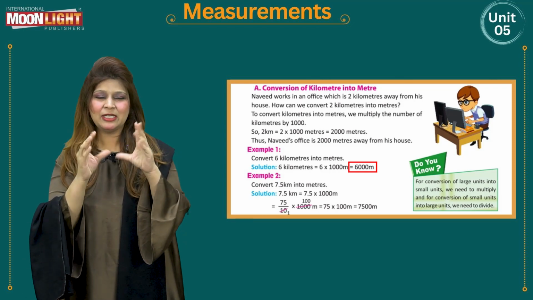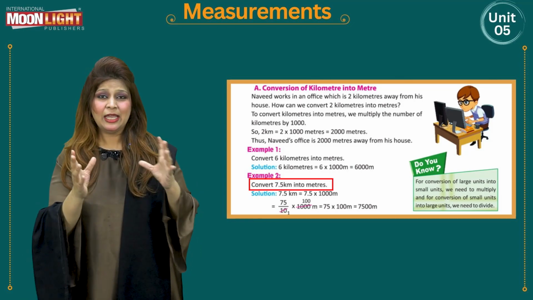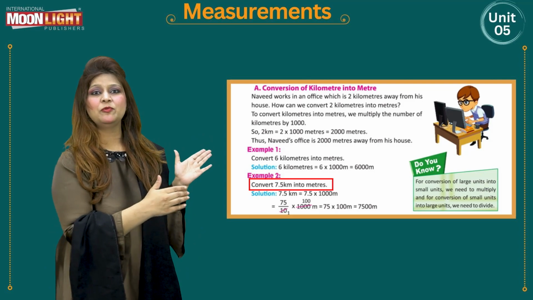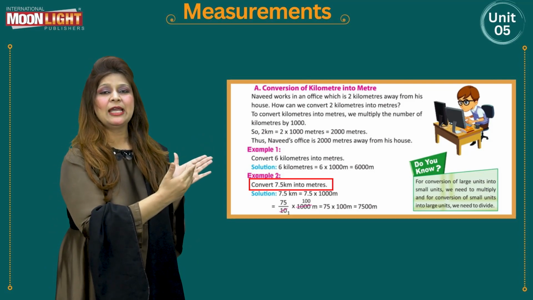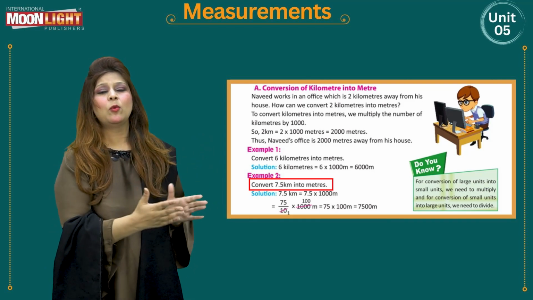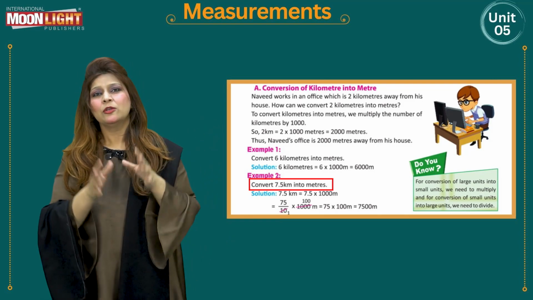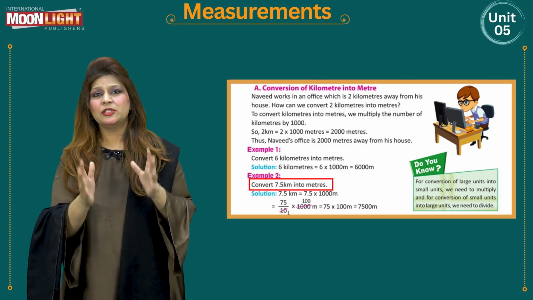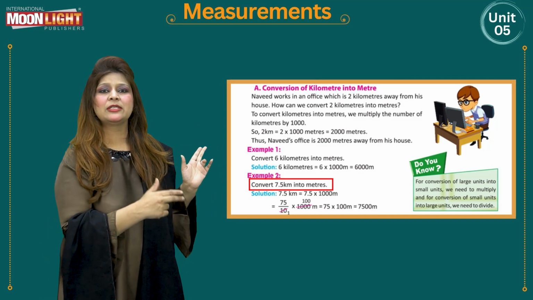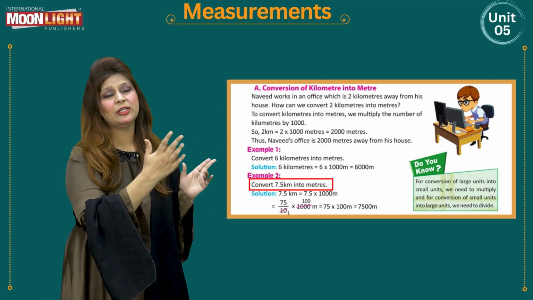Now I have a bit more difficult example for you guys. Here I have one question which is 7.5, that is in decimals, and the other one, which I told you earlier, was a whole number. So there is a difference. Example number 2 is convert 7.5 kilometer into meters.